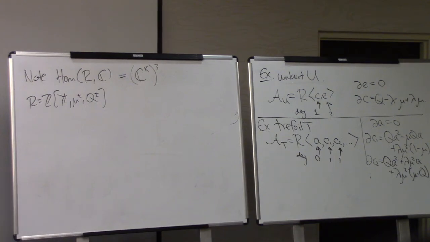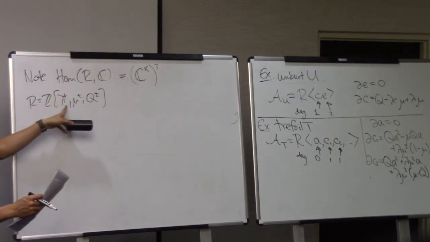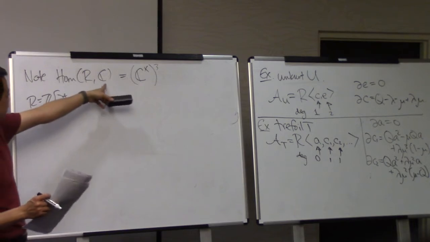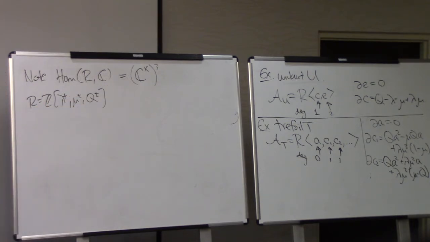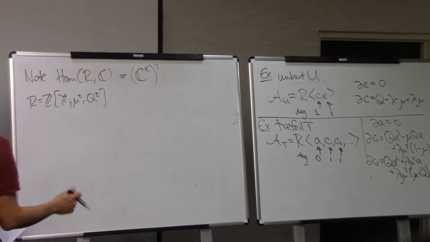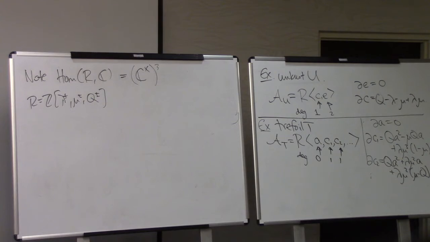Because a map from R to C is determined by where it sends lambda, mu, and q, and it has to send them to complex numbers that are non-zero. So if you're looking at the set of all possible maps from R to C, this sits inside of C star cubed.